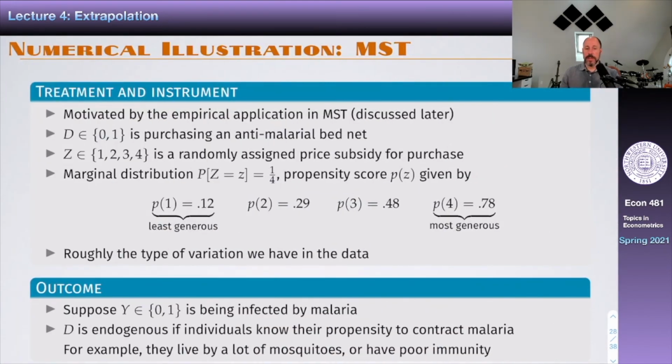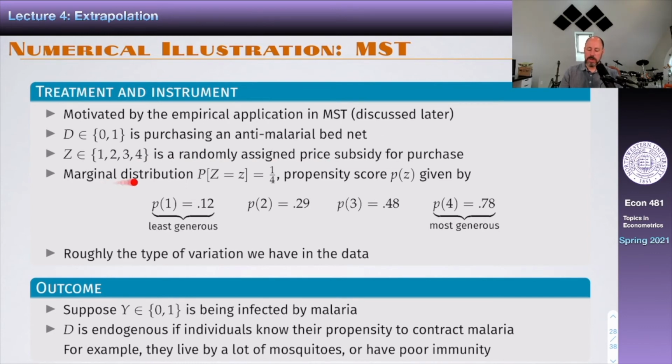So let me show you an illustration of this that is taken from a previous version of the paper, actually. This is motivated by the empirical application that we're going to see later. D is 0, 1. It's going to be the purchase of a bed net. And then Z is going to be 1, 2, 3, 4, which are going to be randomly assigned price subsidies that happen in this experiment.